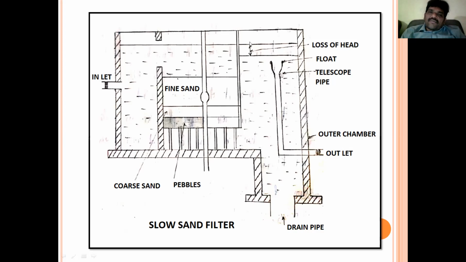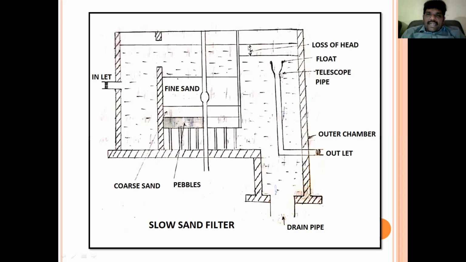The difference between the level of untreated water in the inlet and the level of treated water in the outlet chamber gives the information about the loss of head.